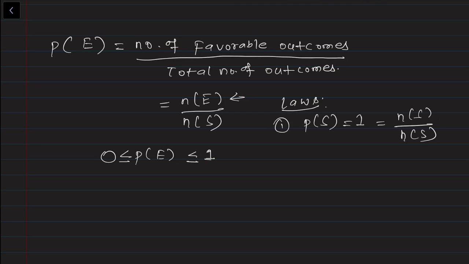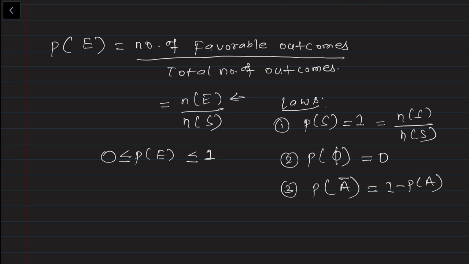So this is simply 1. Similarly, probability of an impossible event is 0, the event that cannot occur in any circumstances. That's why the probability is 0. Now probability of complement of an event is 1 minus probability of that event.